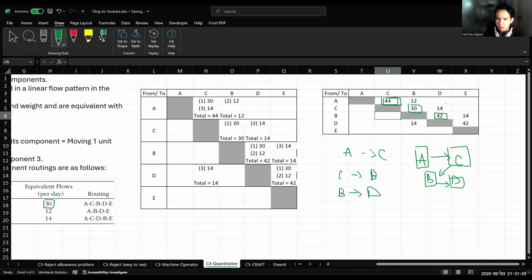But for example, from A to B there's only 12, so maybe B doesn't need to be this close to A. So the from-to chart usually determines the distance between the departments. It can be the material flow or information flow or something like that.